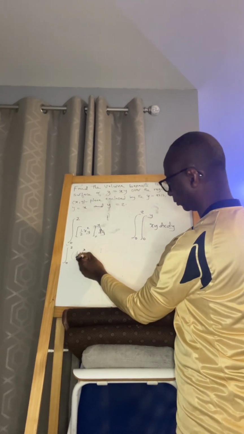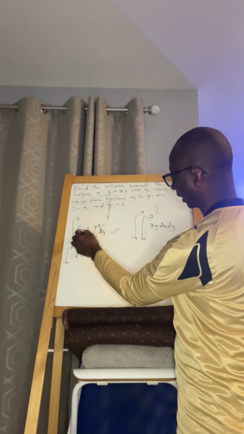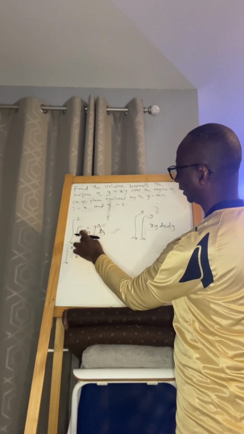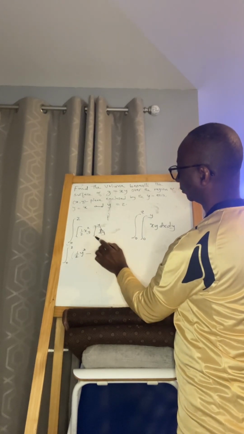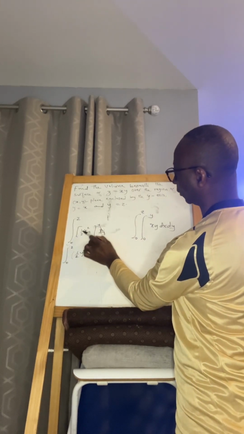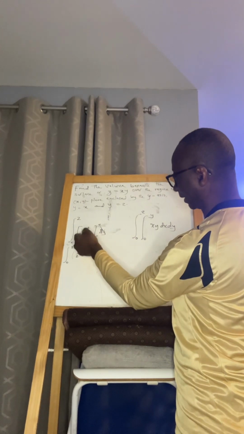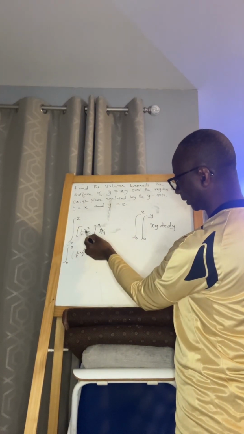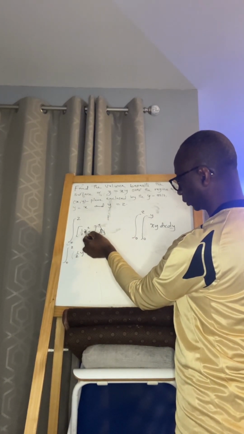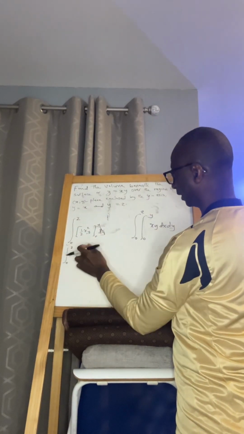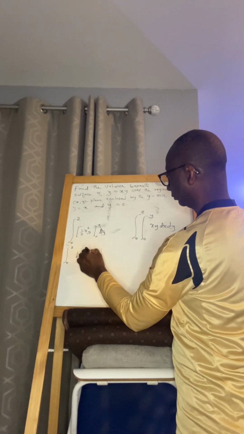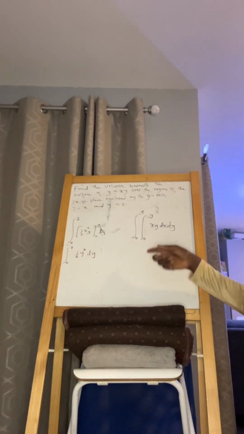Then you minus 0, because you are multiplying by 0 to the power of 2, so everything goes to 0. So this is what you get: 1/2 y cubed dy.